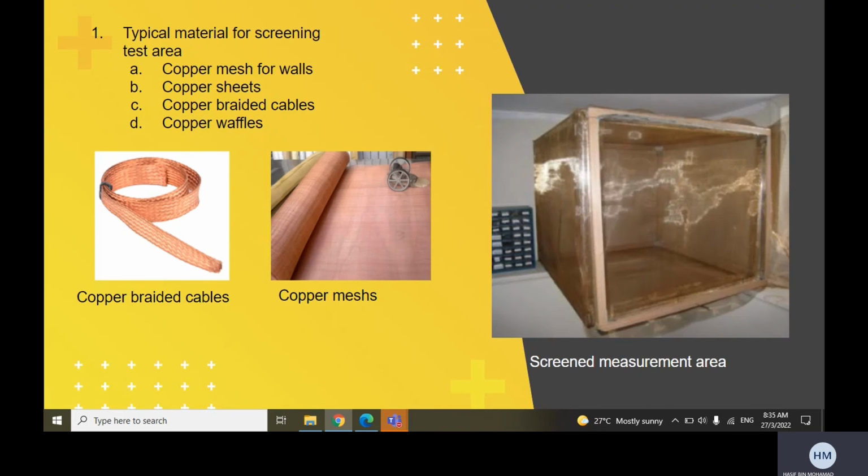Typical materials for screening the testing area are copper walls, copper mesh for walls and ceilings, copper sheets for the floor, copper braided cable or copper waffles. These are the screen measured area. This is the copper mesh and this is the copper braided cables.